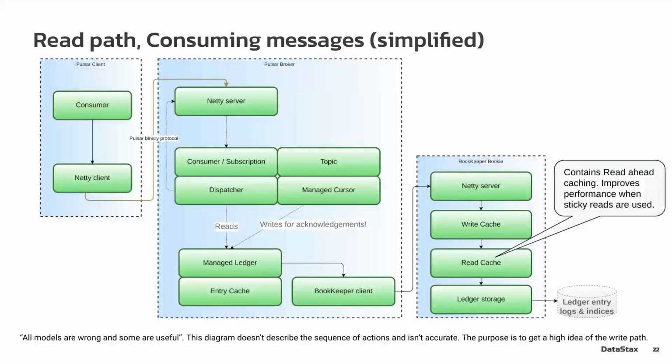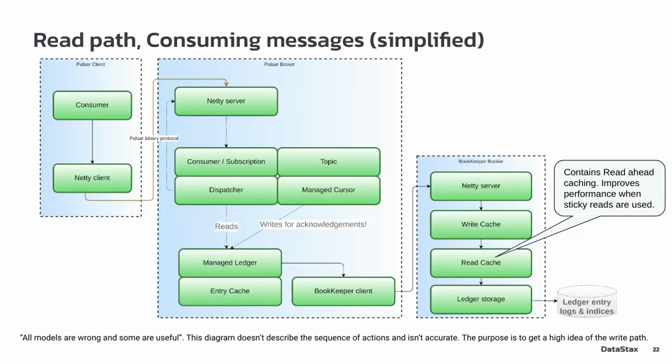Then the next step is to go to the read cache, and this read cache is a read ahead cache, which could also contain the entry. So when we go to the disk, we don't just read one message from the disk, but instead we read ahead, and I think the default might have been like 1,000 entries that it reads ahead, or even more.